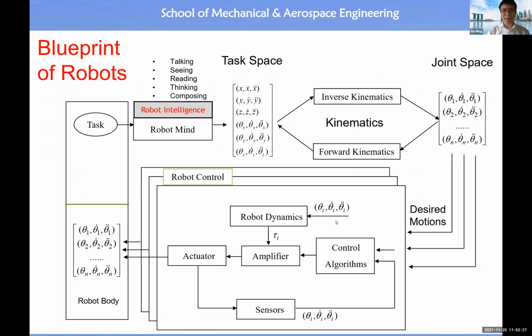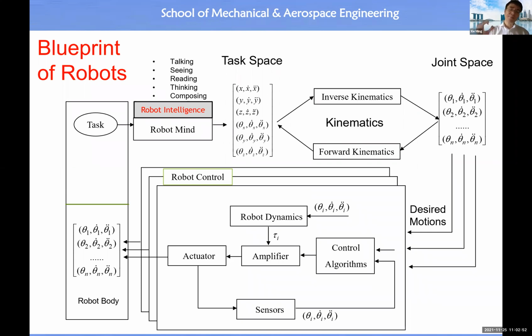All right, and this slide basically shows you knowledge flow and signal flow, and behind the signal flow there must be energy flow. Today we move on to study the design of a robot's body.